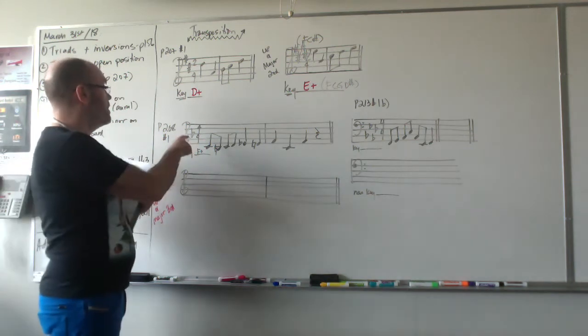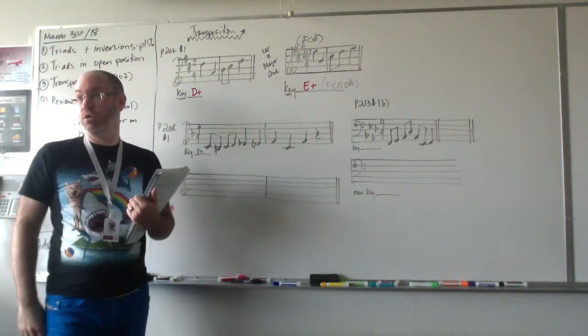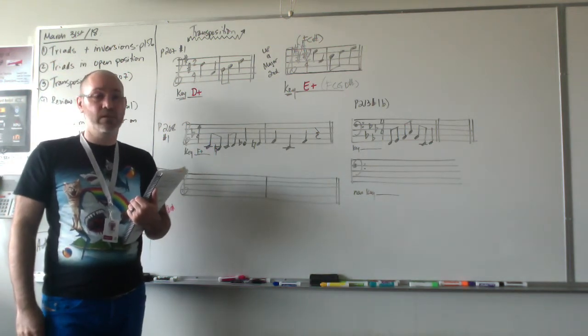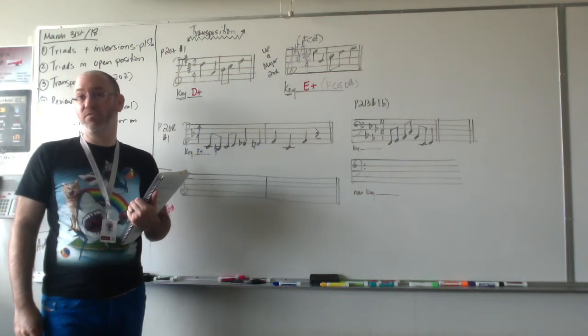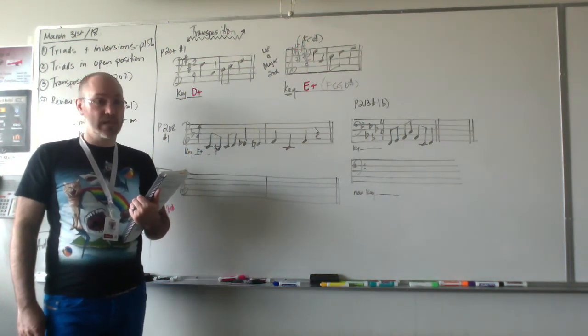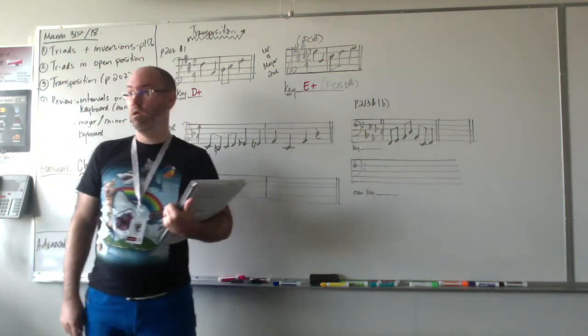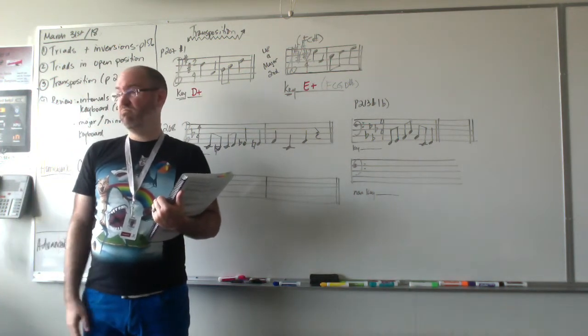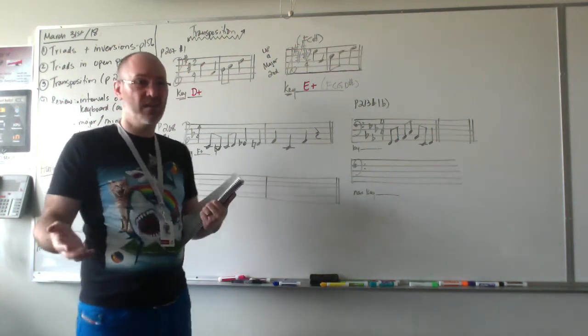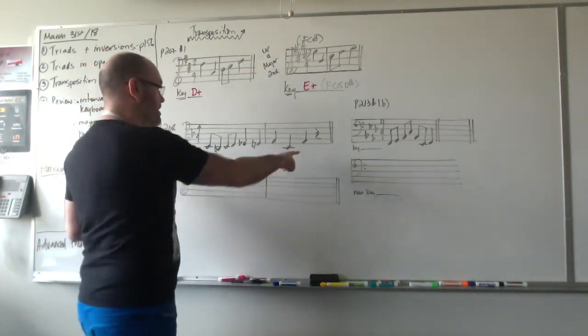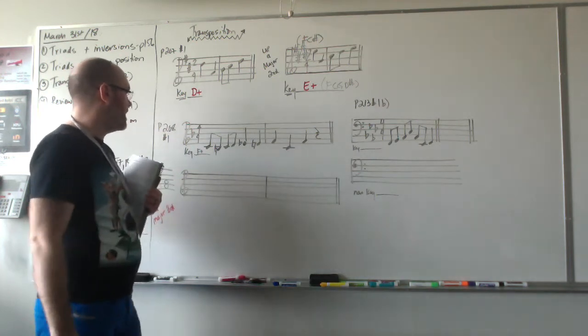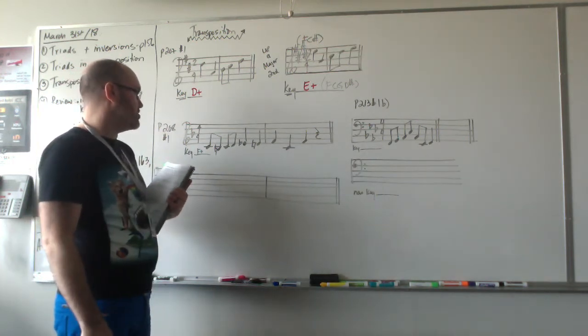So first of all, what do we have in our key signature? 1 flat. Look on your circle of fifths, what key has 1 flat? F. Also, what's your very last note? F. Songs usually end on the tonic, a lot of times. So we end on F, and we have a B flat, so we know we're in F major.